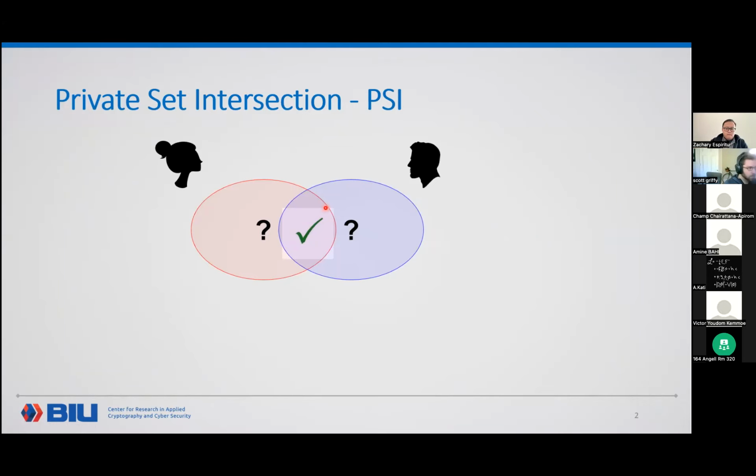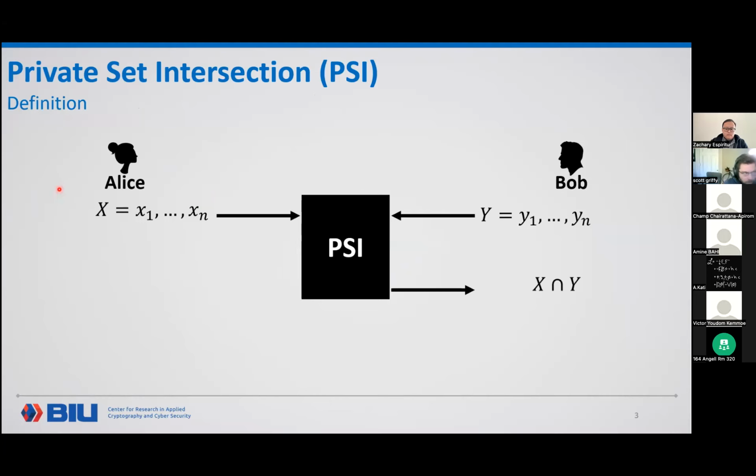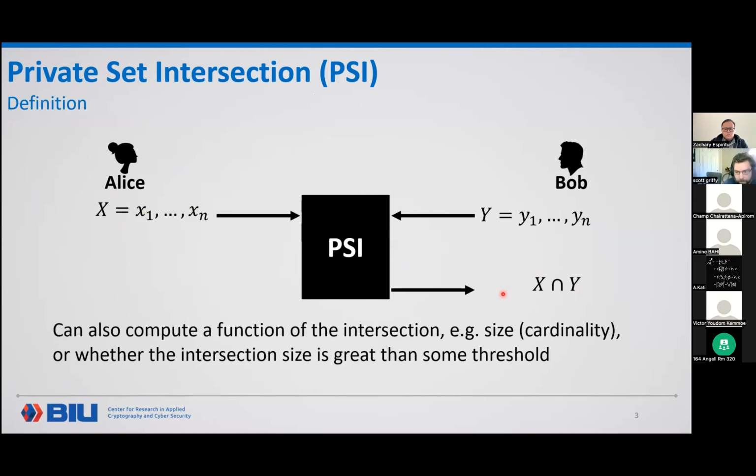So we have Alice, who has a list of items x1 up to xn. Bob has n items, and they wish to learn the intersection while hiding everything else. They might also wish to compute some function of the intersection rather than the intersection itself, like the size of the intersection, or whether the size is greater than some threshold.